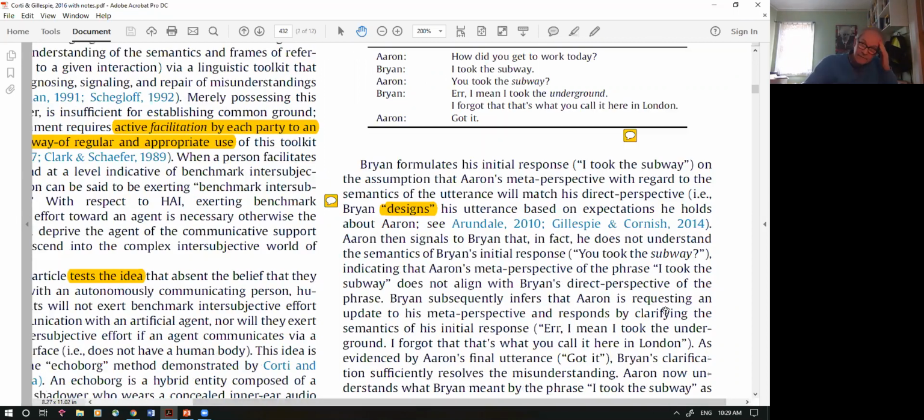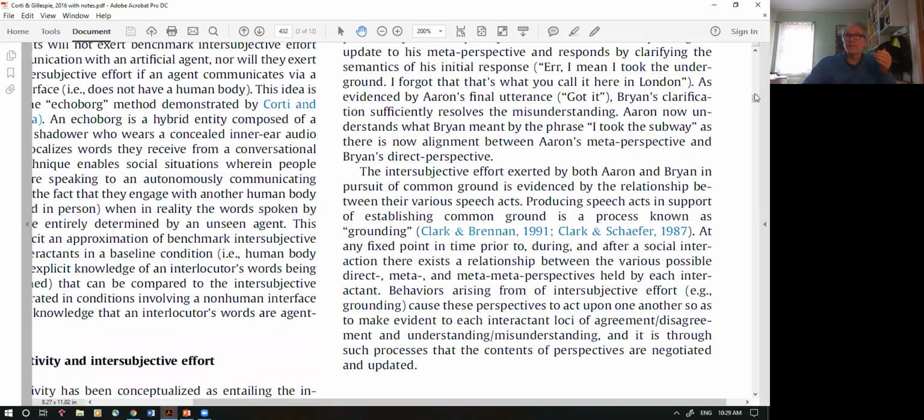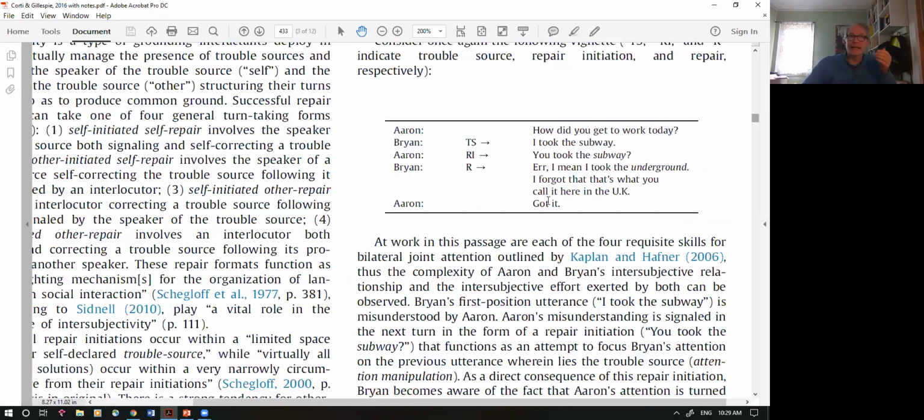But this idea of repair that we've talked about, this is purported to be universal or not specific to the English language, that somebody produces a trouble source, that then can be a repair initiation, and then there can be a repair. Now I'm saying there can be a repair initiation and a repair separately, but we've seen examples where there isn't an explicit repair initiation. Somebody just makes the repair. It's like doing a correction. You can do that too.